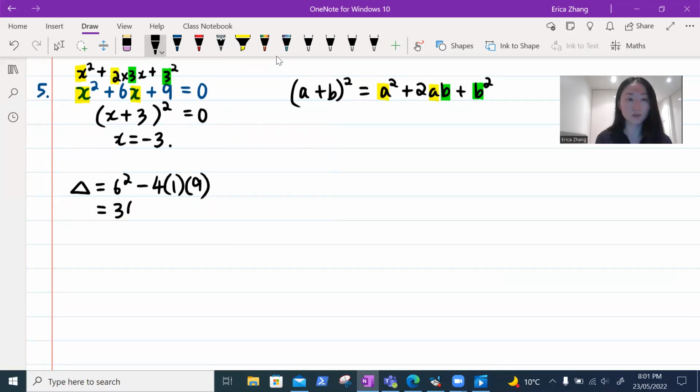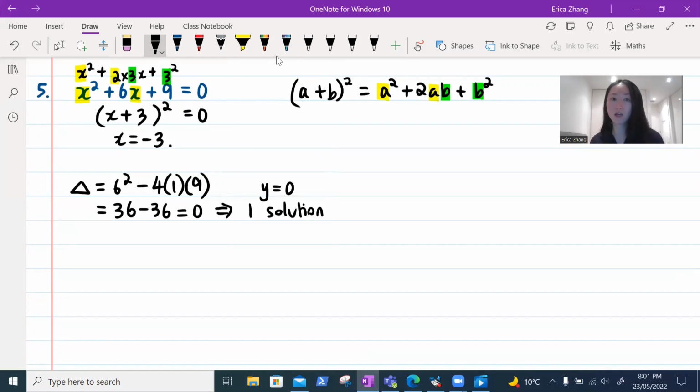This is equal to 36 minus 36, which is equal to 0. Remember, discriminant equal to 0 told us that there was one solution to the equation y is equal to 0, where y is a quadratic. So x is equal to minus 3 is our solution.